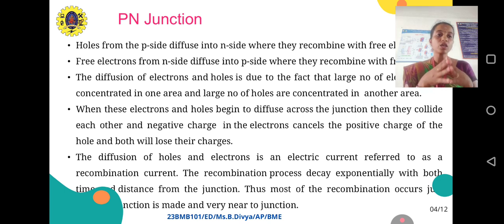Most of the recombination occurs very near the junction of the p and n regions. Holes are present in the p type and electrons in the n type region, so the two combine together and form a depletion region, or a PN junction.